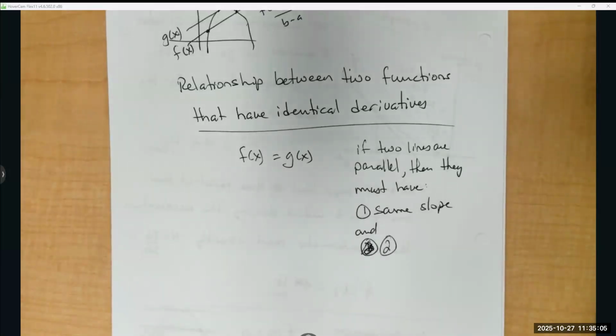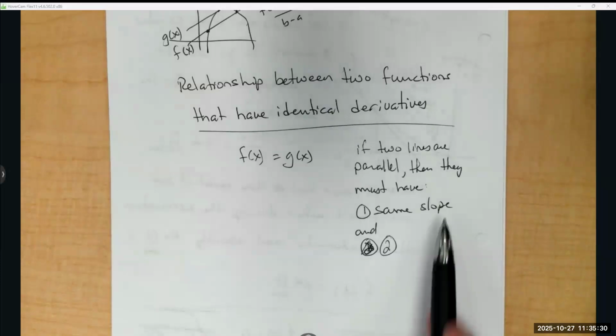If two lines are parallel, lines are bidirectional. How do you know if two lines are parallel versus the same line? They never intersect, true.